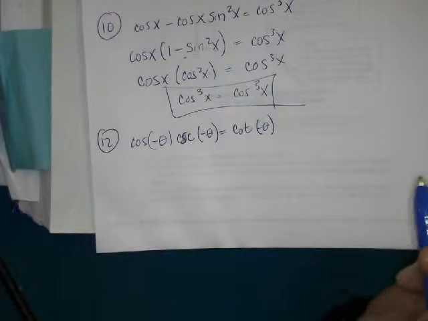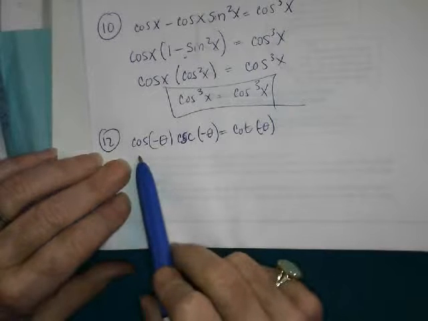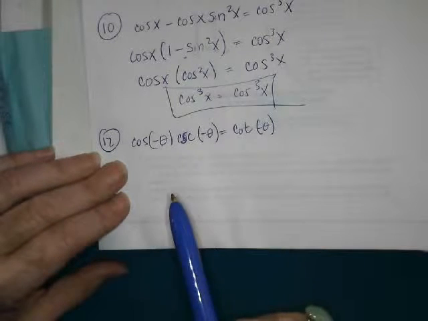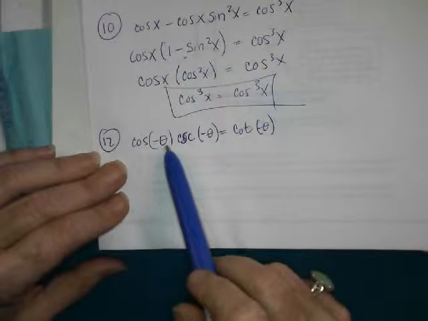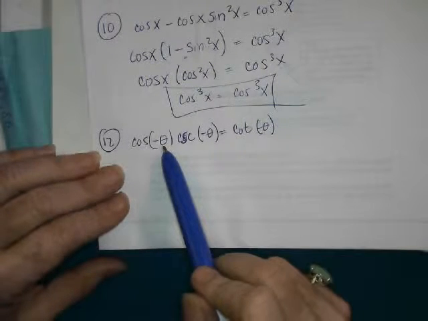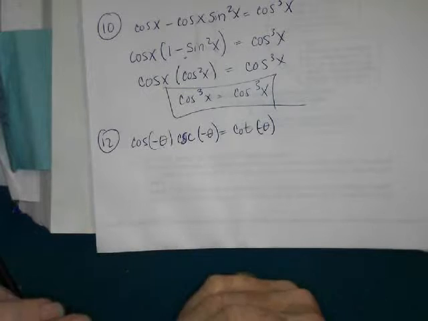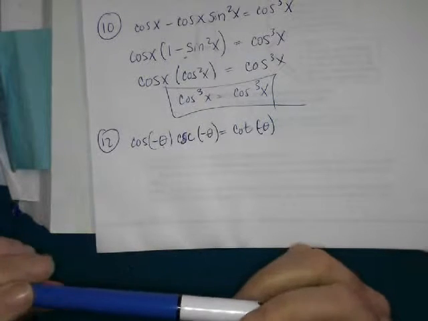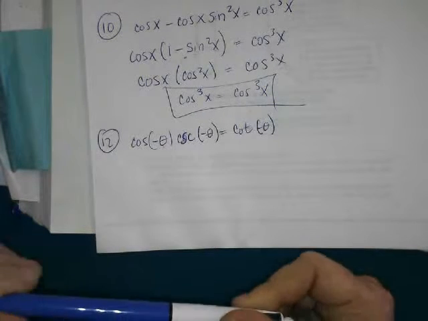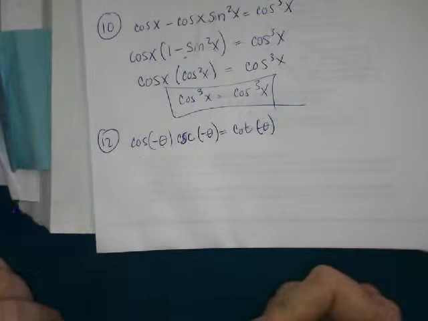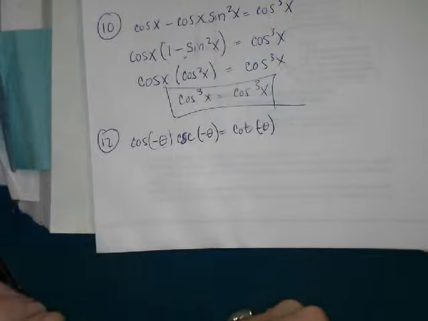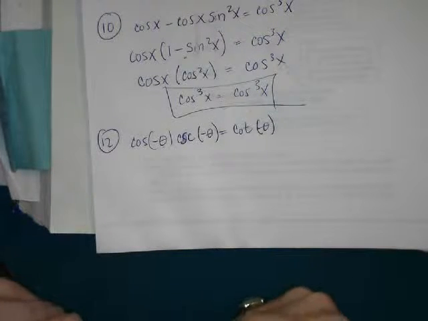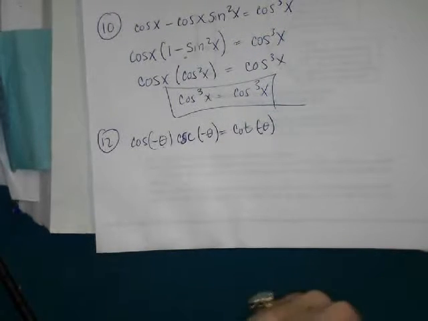And if you can remember, cosine was an even function and sine was an odd function. So even functions, if you put in a negative value, it comes out positive. It reminds me of squaring something. When you put a negative in, the answer ends up positive. And the odd functions remind me of cubing something. When you put a negative in, you end up with a negative.